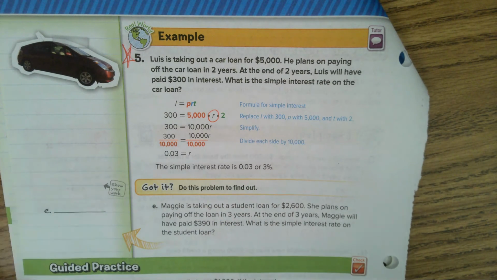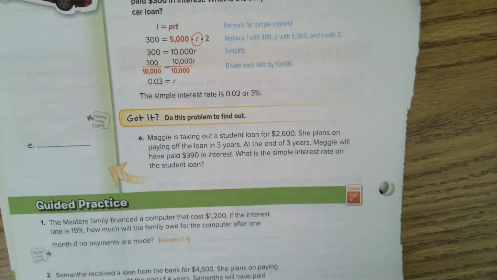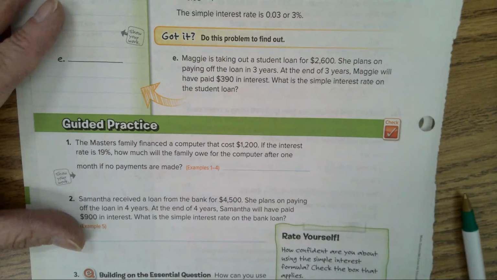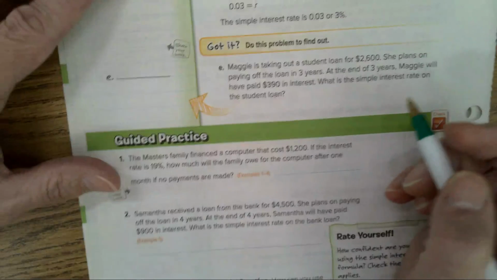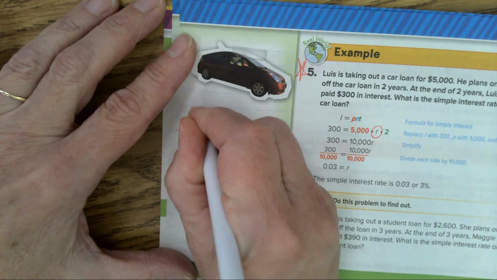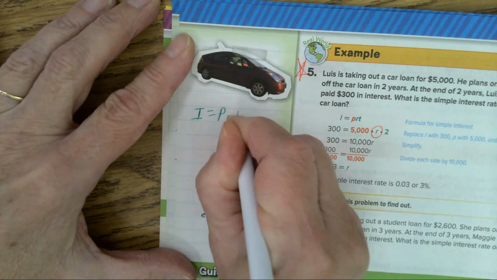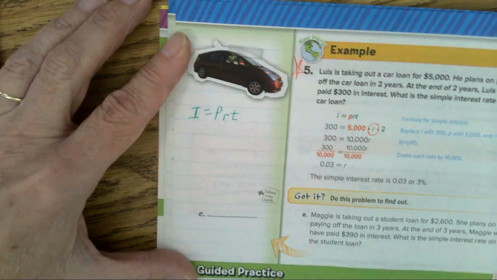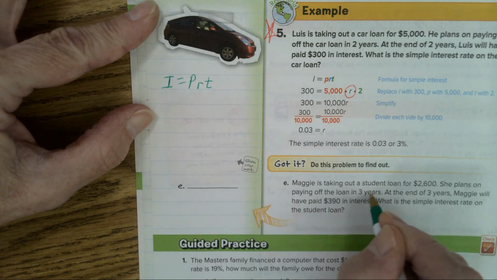Now, I want you to do letter E. Okay. She will have paid her interest. So, the interest formula, let's do it over here. Interest equals principal times rate times time. What's the interest? 390.